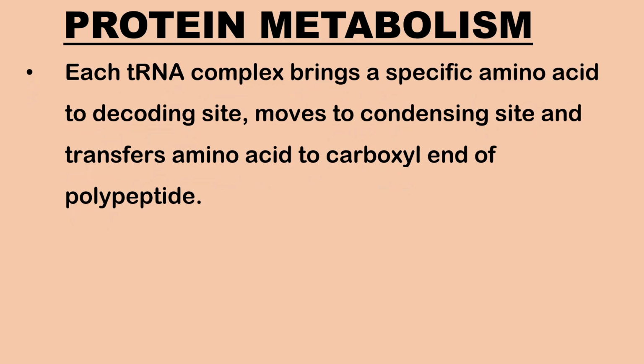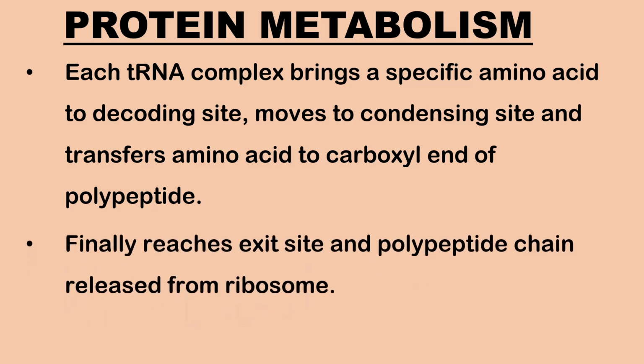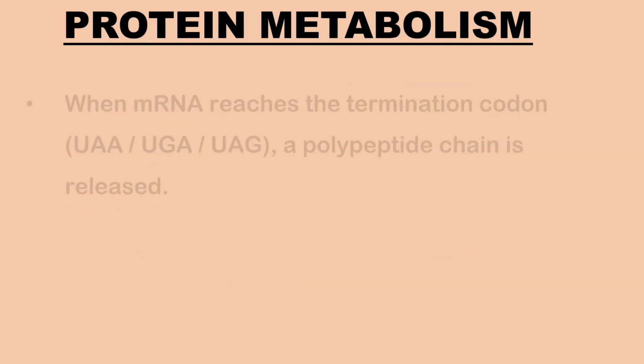Each transfer RNA complex brings a specific amino acid to the decoding site, moves to the condensing site, and transfers the amino acid to the carboxyl end of the polypeptide. Finally, it moves to the exit site and the polypeptide chain is released from the ribosome.